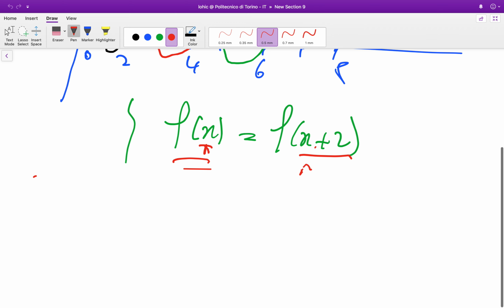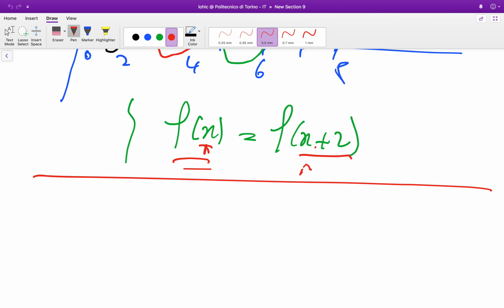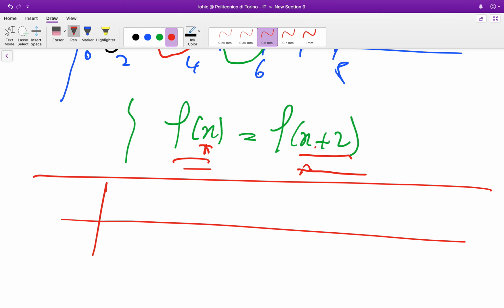Then, I repeat, the function is periodic with period 2 means that what happens at the point x will happen the same at the point x plus 2. Then in general I can have a function with period t, yes or not?